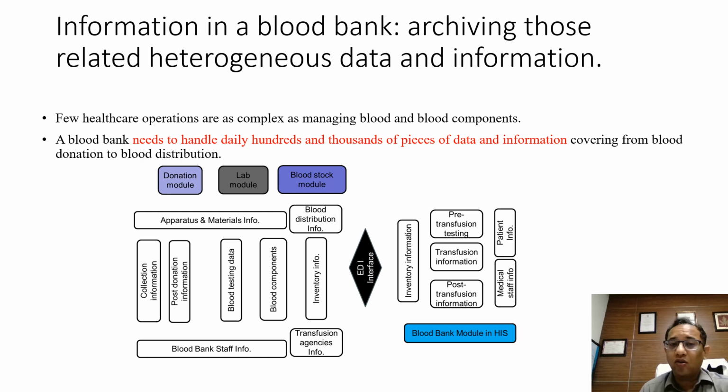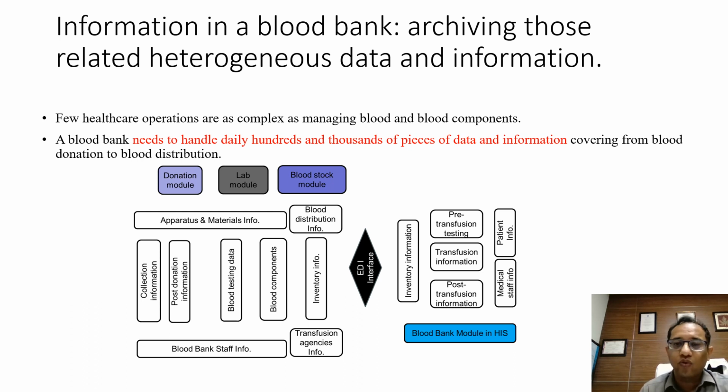Few healthcare operations are as complex as managing blood and blood components. A blood bank needs to handle hundreds and thousands of pieces of data and information, covering everything from blood donation to blood distribution. If you start with the donation module, you have the collection information and the post-donation care information. You have the various materials and apparatus which need to be logged daily.